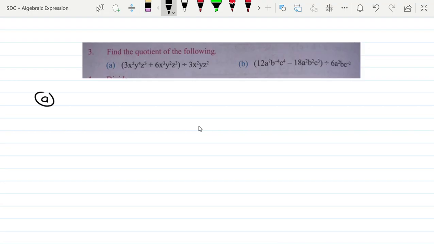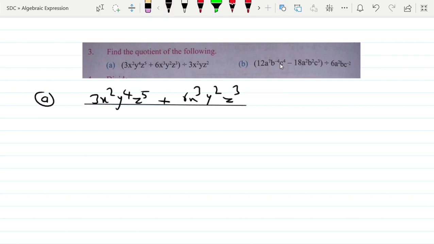You have to divide 3x square y power 4 z power 5 plus 6x cube y square z power 3, divided by, the sign of division I write here like this, 3x square y z square.